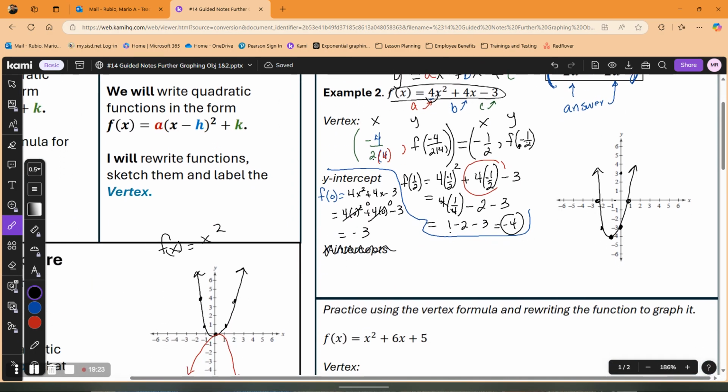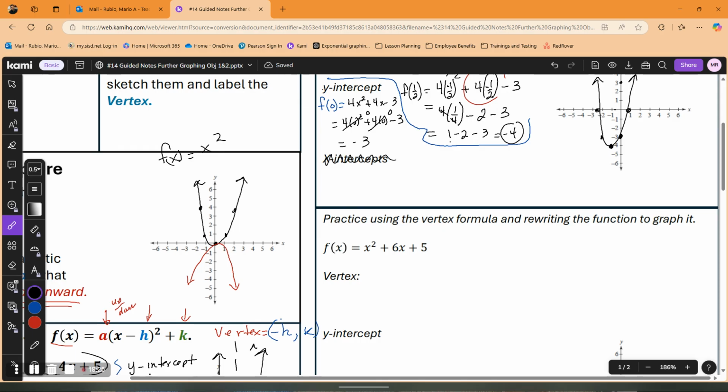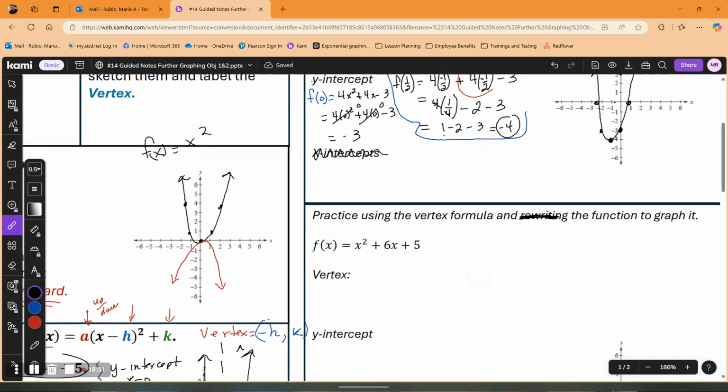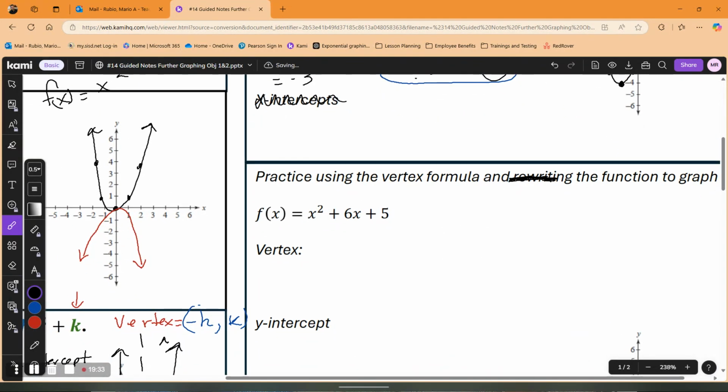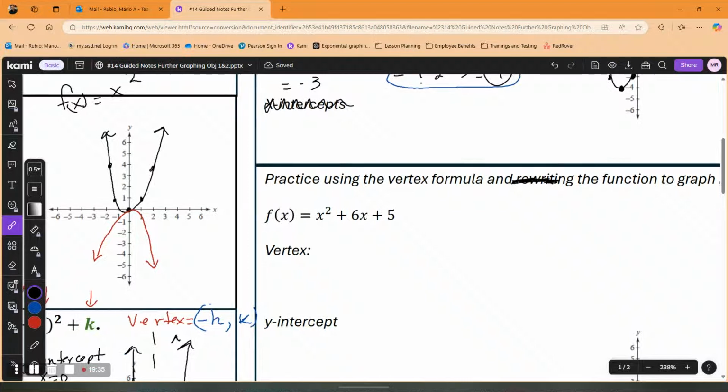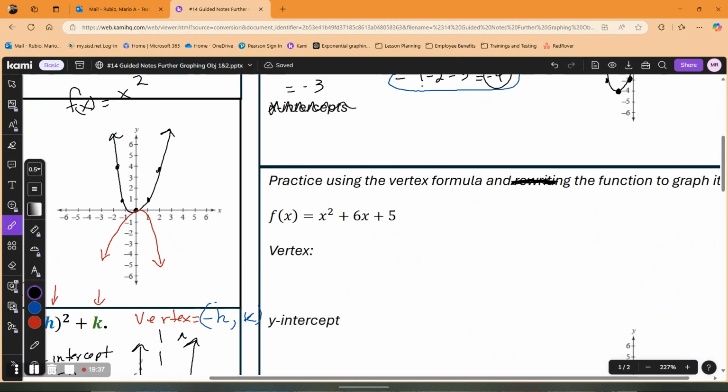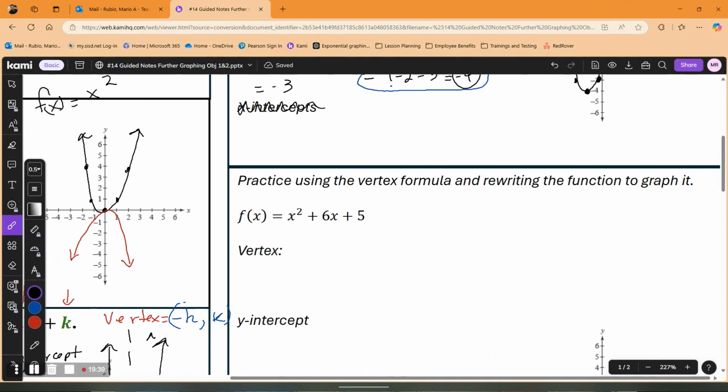So for the practice, there are two ways.